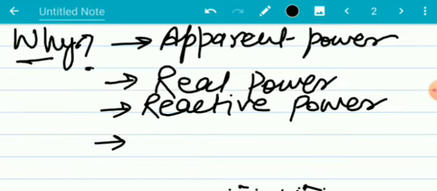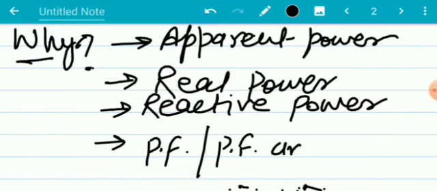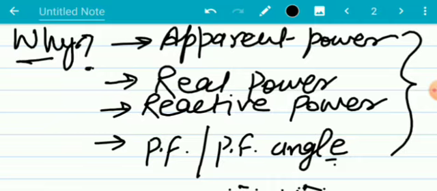Fourth, it gives us the power factor or the power factor angle. So this much information it gives us, which is of great importance from the electrical point of view, and that is the reason why we focus so much on complex power.